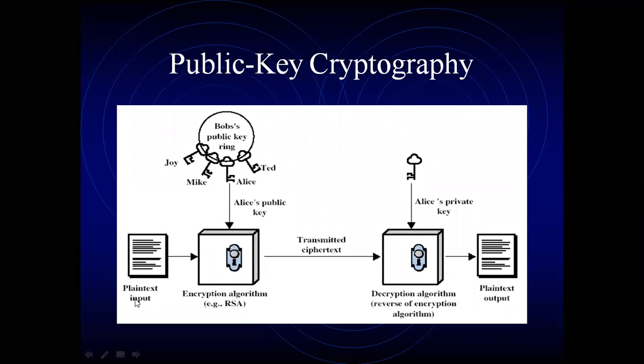So you gave your plain text input, and now you are getting your plain text output. But how did you get it? By applying your RSA algorithm and attaching the public key and private key, you converted it into cipher text, and then you applied the reverse encryption algorithm, and now you got your plain text output. So this is an organized cryptographic way where you get the message authentically and securely at the receiver end.